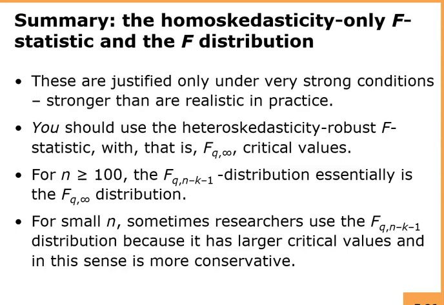But for small n, in cases when data availability is a concern, when data collection is a concern, when your sample size is usually small, researchers still rely on this homoskedasticity-only F distribution because it has larger critical values, and in that sense is more conservative. Also, you can say it's more accurate.